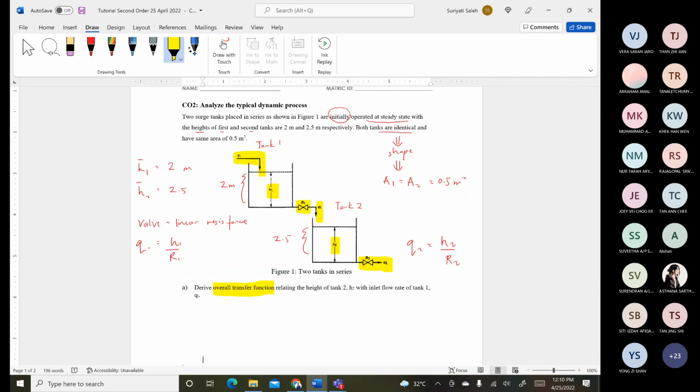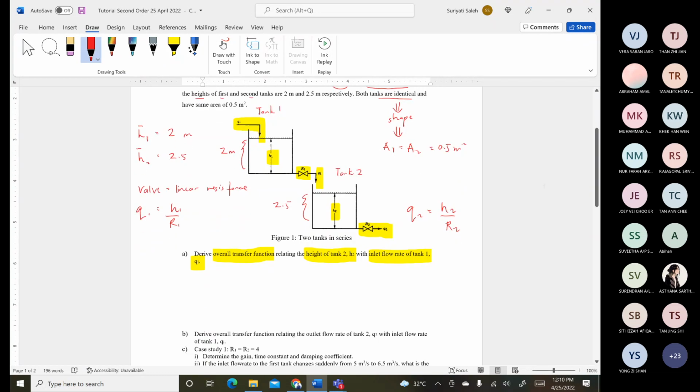So you need to obtain the transfer function to relate the height of tank 2, which is H2, with the inlet of tank 1, QI. This is the item that we need to develop for this question.